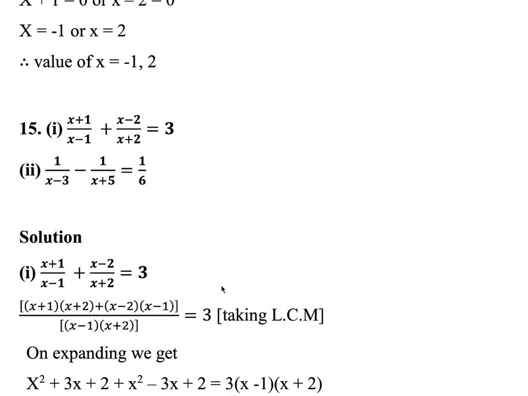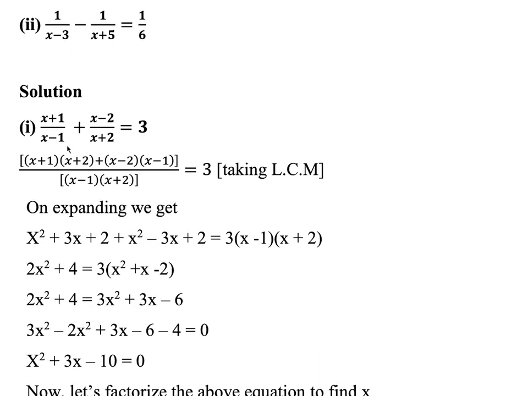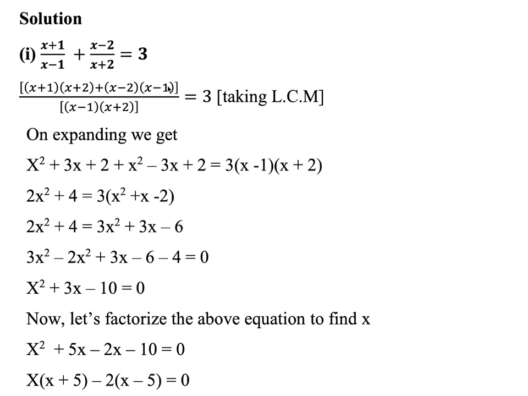Okay. (x plus 1) divided by (x minus 1) plus (x minus 2) divided by (x plus 2) is equal to 3. So first we will follow the LCM method. (x minus 1)(x plus 2) in the denominator, just see, is equal to 3.